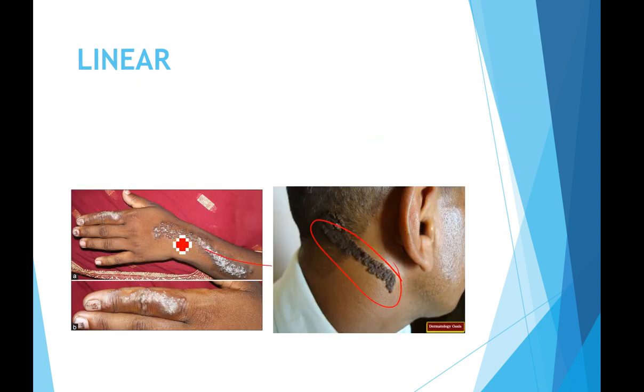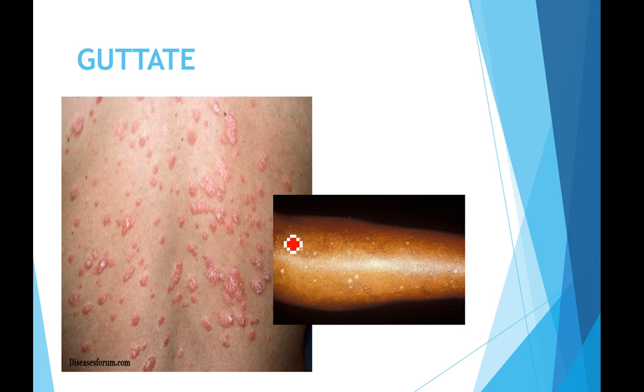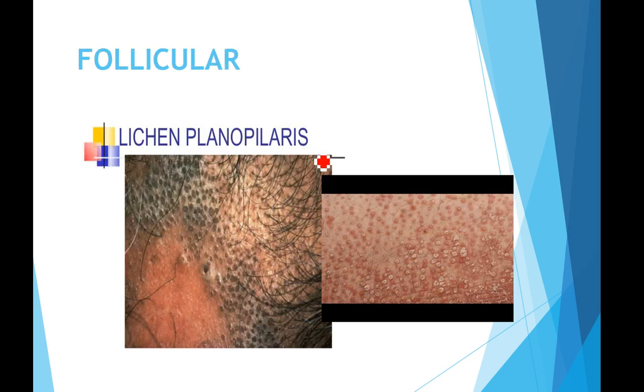This is the linear. You can see here. This is the dermatomal pattern. Only single dermatomes are involved. This is guttate or shower-like lesions. Then lichen planopilaris, this is basically a follicular skin lesion, and lichen planus is another condition that we'll be covering in the next videos.